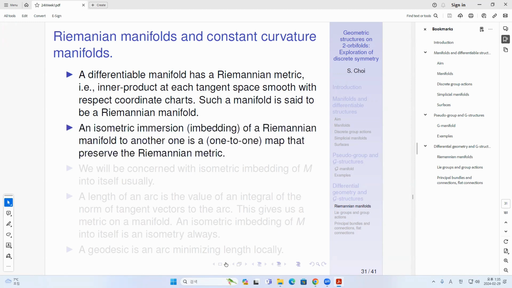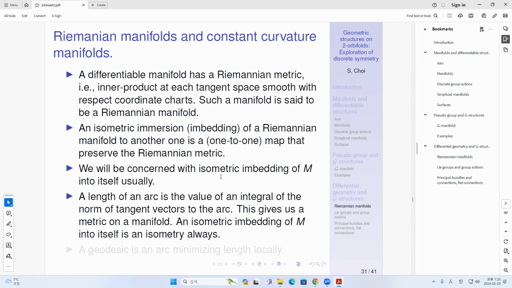An isometric embedding or immersion of one Riemannian manifold into another is a map that preserves the Riemannian metric. An immersion doesn't have to be one-to-one, but an embedding has to be. We will usually be concerned with isometric embedding of M into itself.